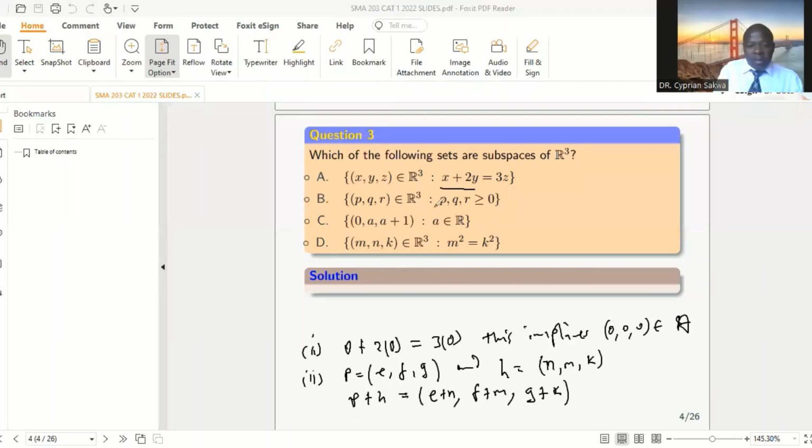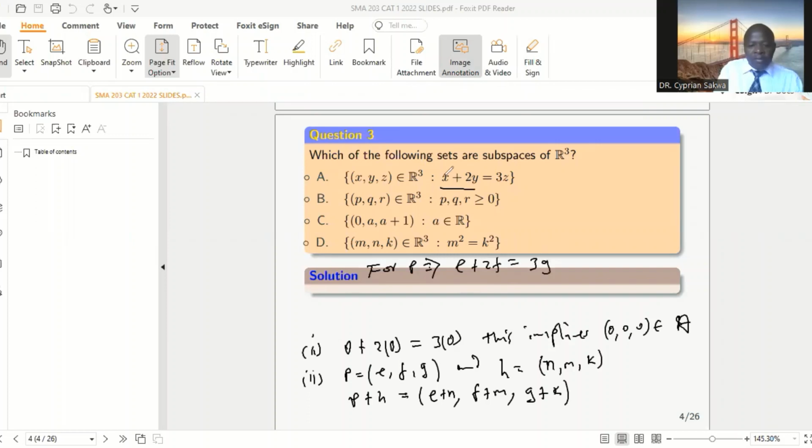By this formula, for P alone, E plus 2F should give us 3G.